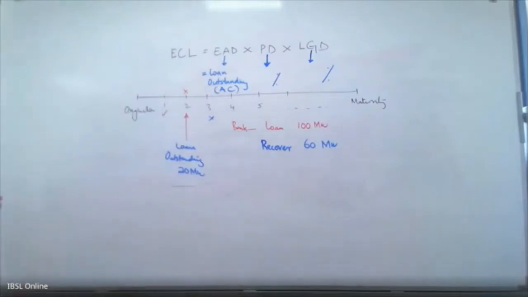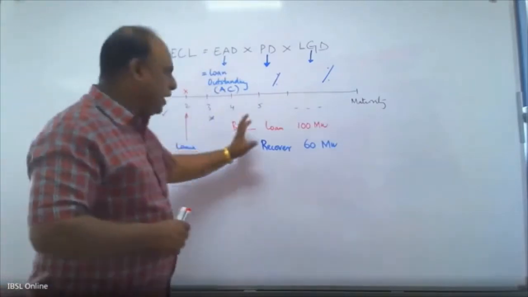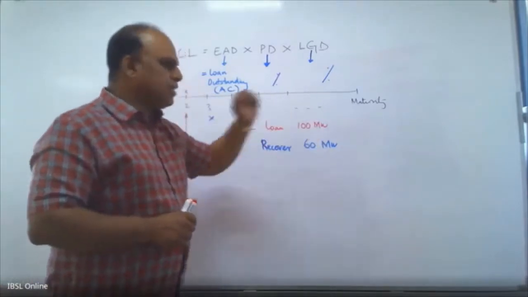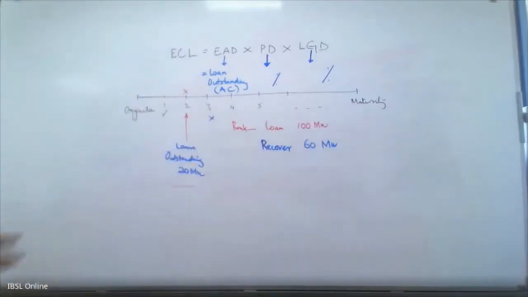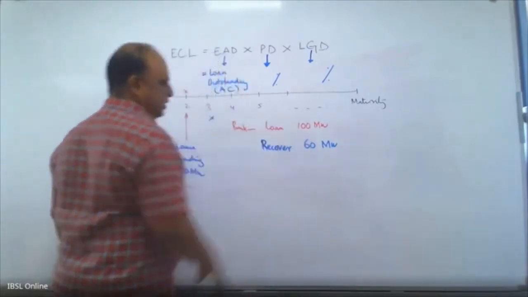This bank in the past, when you take a loan of 100 million, they somehow manage to recover 60 million by going to courts, or maybe by executing the security or collateral, whatever, by any means, somehow they try and recover 60.